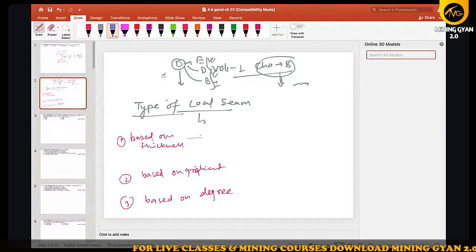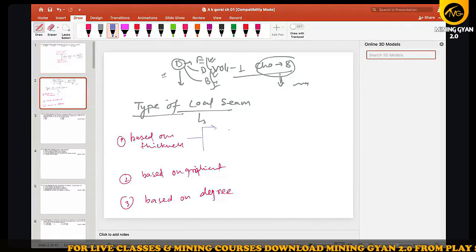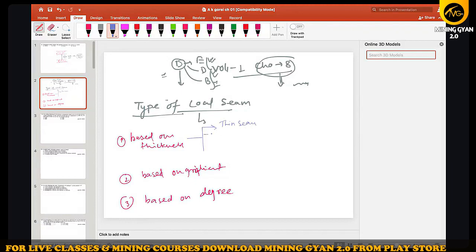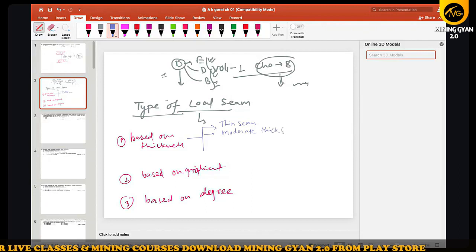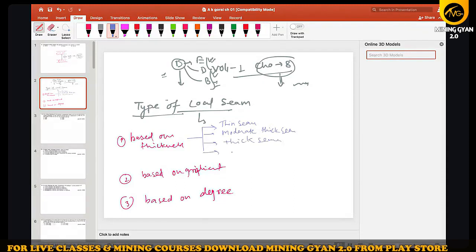Based on thickness there are basically four types: first, thin seam, second, moderately thick seam, then thick seam, and very thick seam.